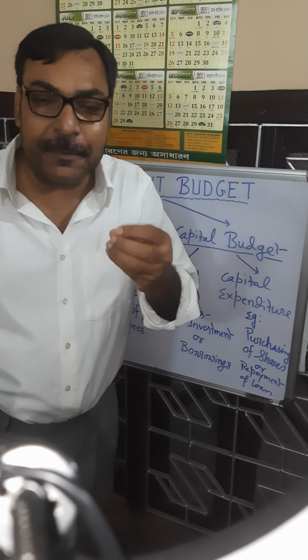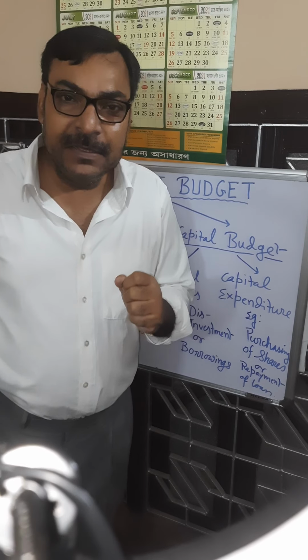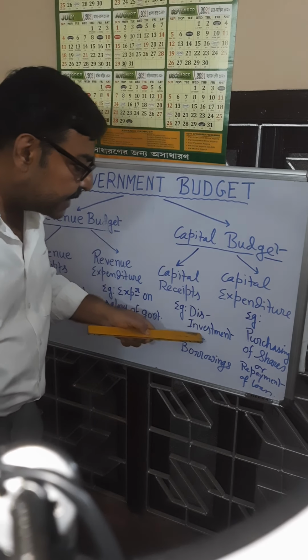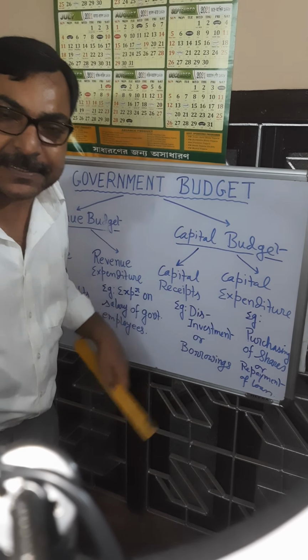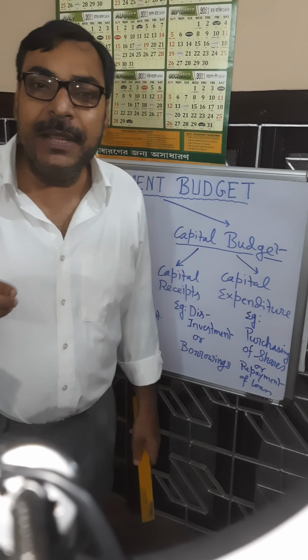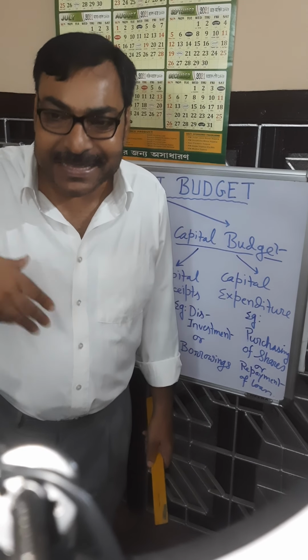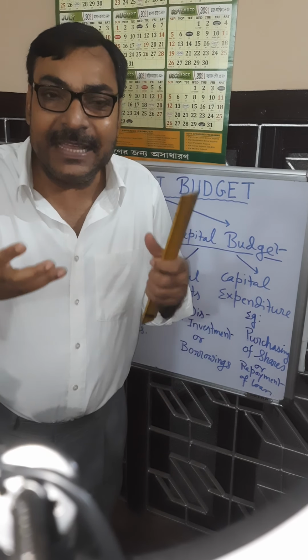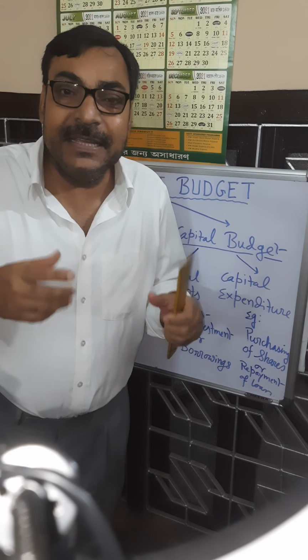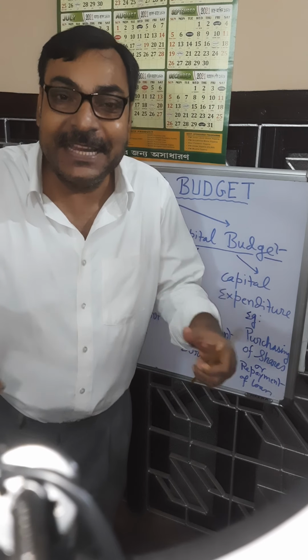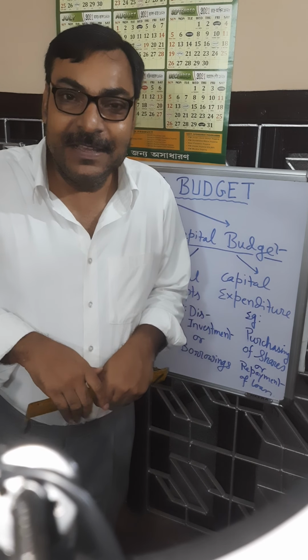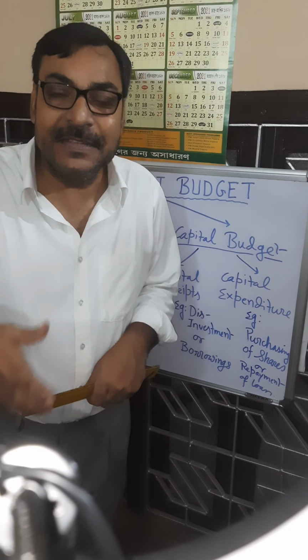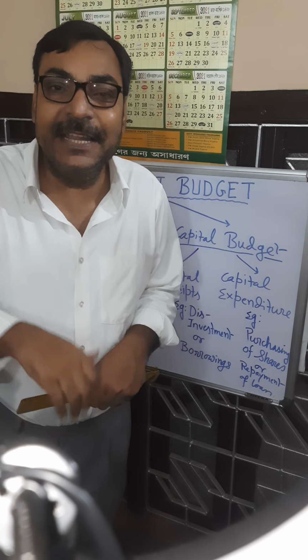What is the basis of classification? These investments mean selling of shares. When the government earns by selling its shares, income is generated, but its financial assets are declining. Selling its shares means financial assets are declining.